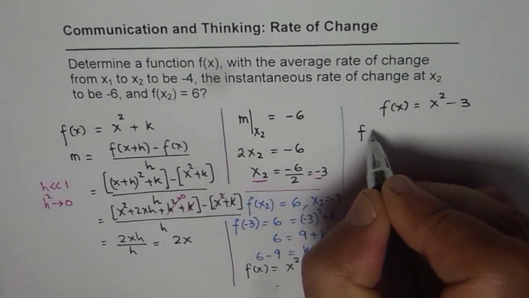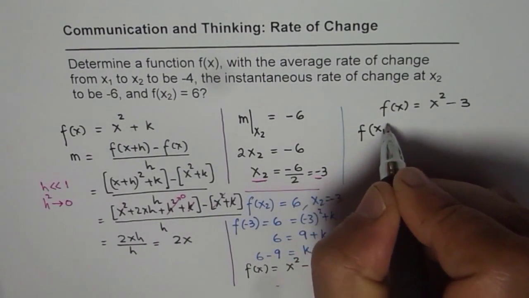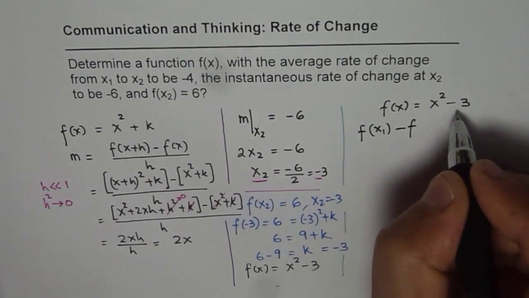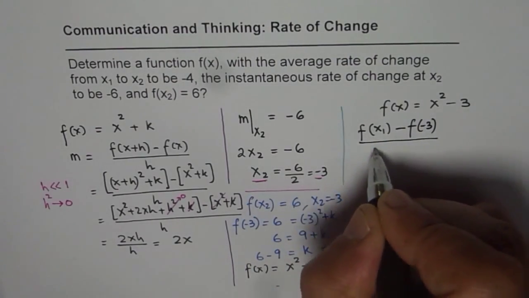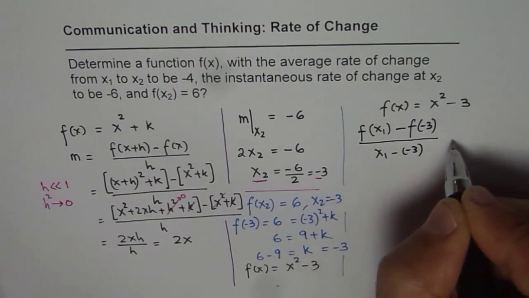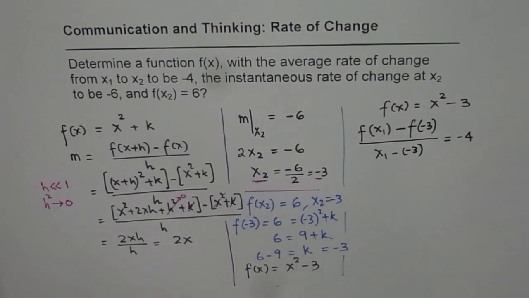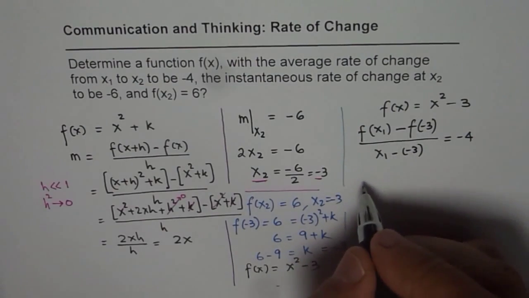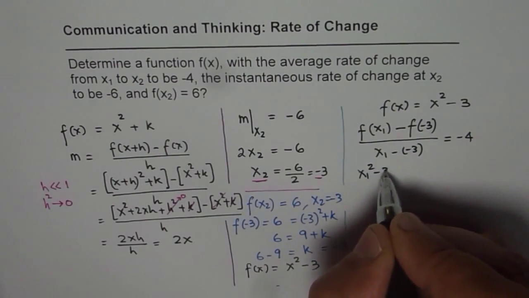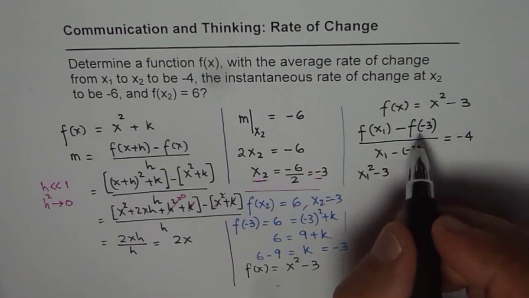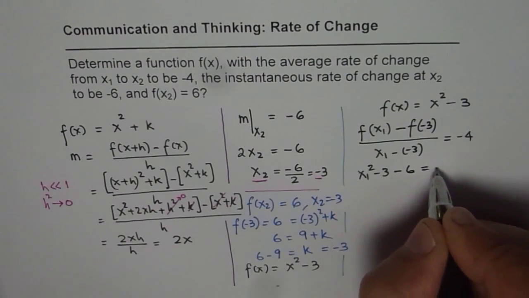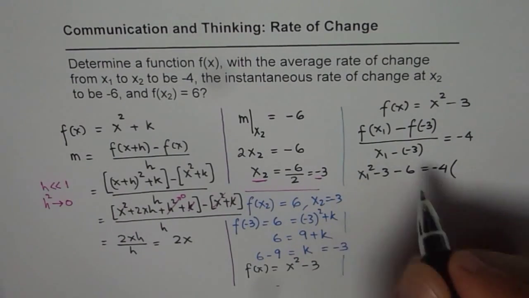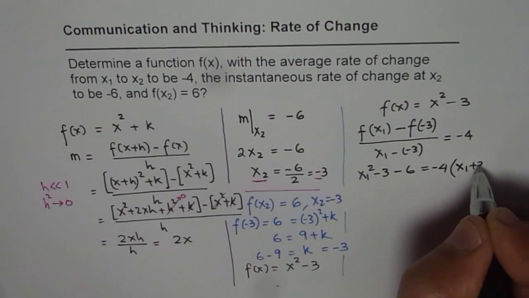That is to say, f of x1 minus f of minus 3, divided by x1 minus minus 3, is equal to minus 4, where x2 is minus 3 for us. I hope you understand that part, right? Now let us write x1 here: x1 squared minus 3, and f of minus 3 is known to us as 6. So x1 squared minus 3 minus 6 is equal to minus 4 times x1 plus 3.